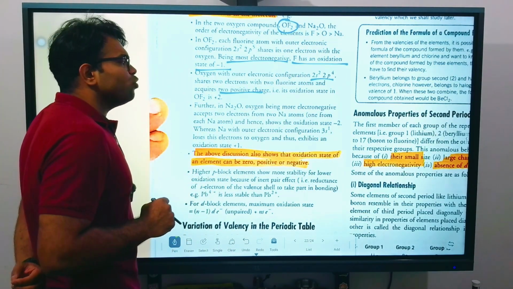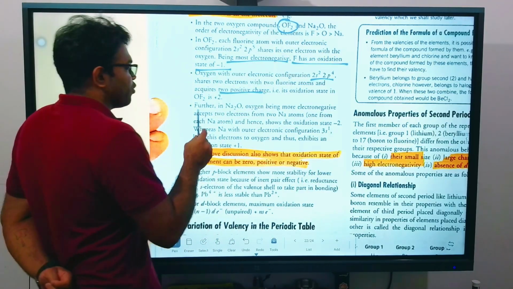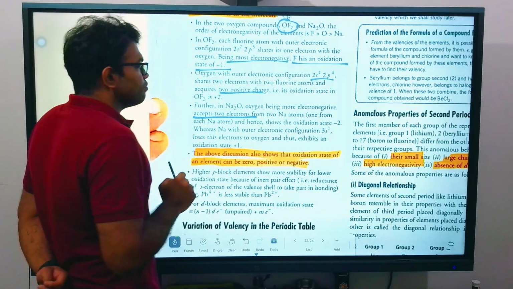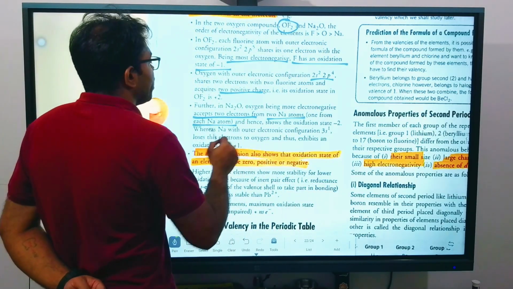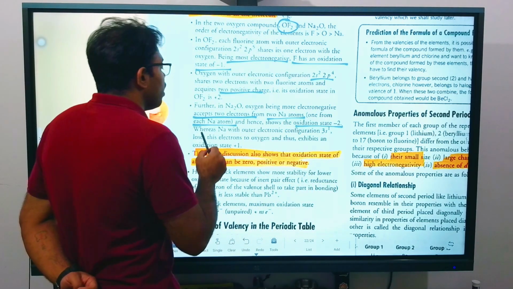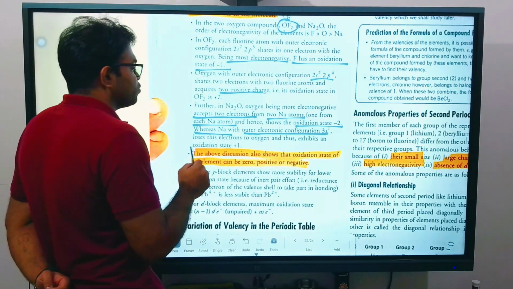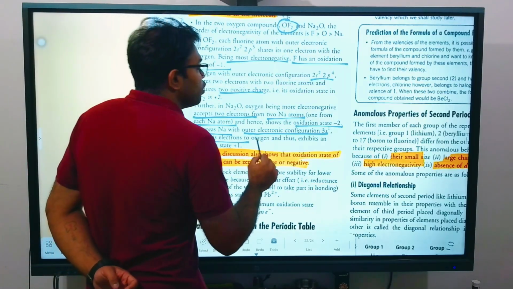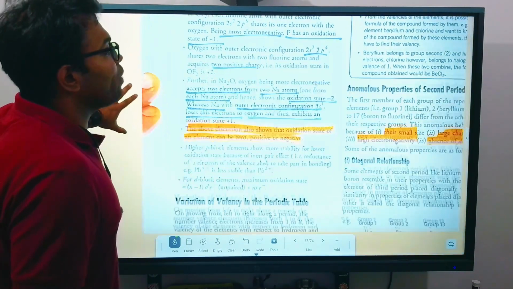Further, in Na2O, oxygen being more electronegative accepts 2 electrons from the sodium atoms, one from each sodium atom, and hence shows the oxidation state of -2, whereas Na with outer electronic configuration of 3s1 loses these electrons to oxygen and thus exhibits an oxidation state of +1.